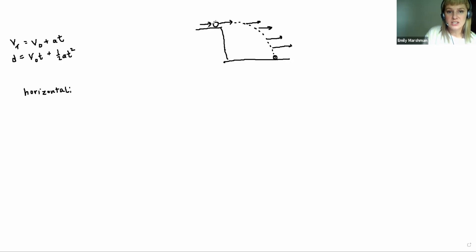There is nothing pushing the ball forward horizontally to make it accelerate that way. There is nothing pushing backwards on the ball to make it accelerate to the left. We're ignoring air resistance again. So there's actually no acceleration going on in the horizontal direction. So the acceleration in the x direction is equal to 0.